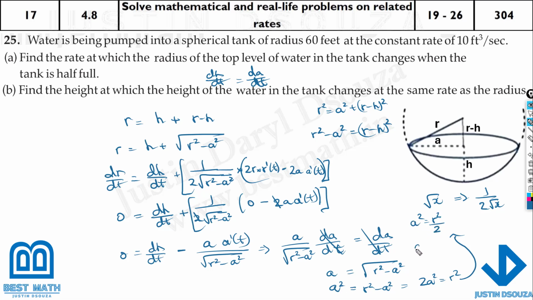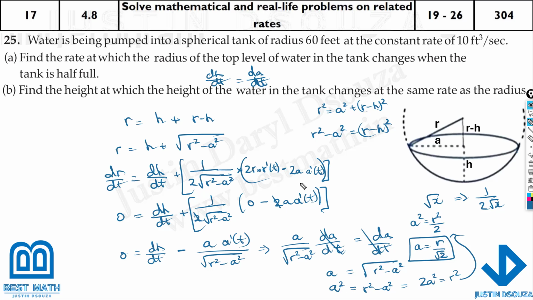Let me take the square root on both sides. A will be equal to the square root of r squared over the square root of 2. The square root of r square is just r, so a is r divided by root 2. So this is the simplification. We found the a value when the rate of change of height and the rate of change of radius are equal: we will get r by root 2.